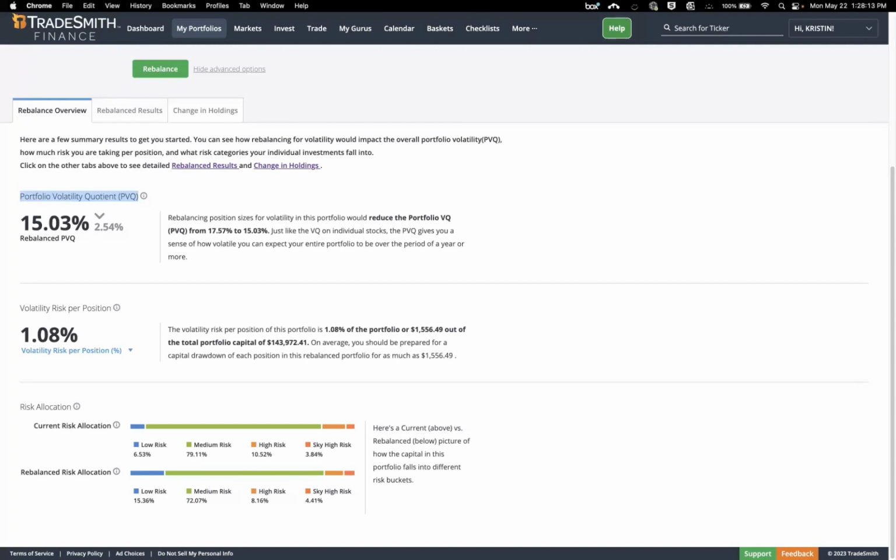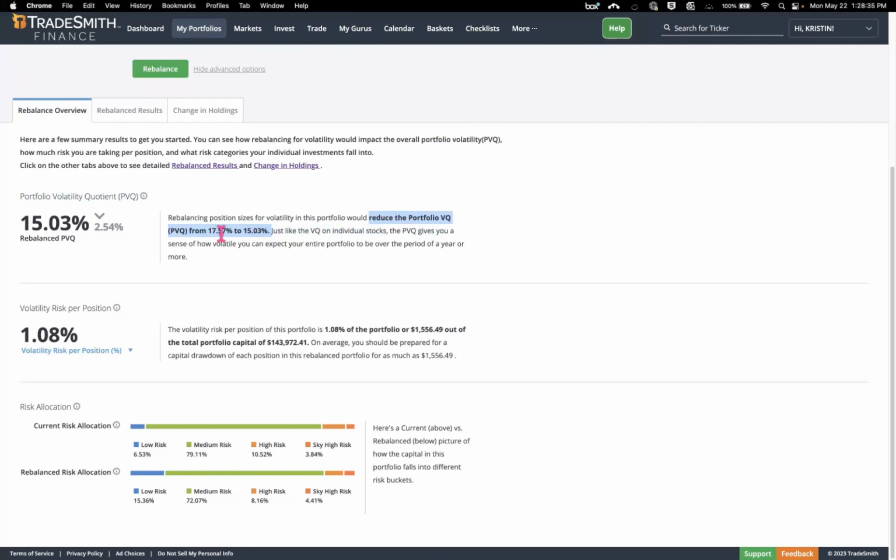All right, so let's look at these results. This portfolio's current PVQ is approximately 18%, and I know that by looking at this. So my current portfolio before I came to this risk rebalancer tool was approximately 18%, which isn't too bad.